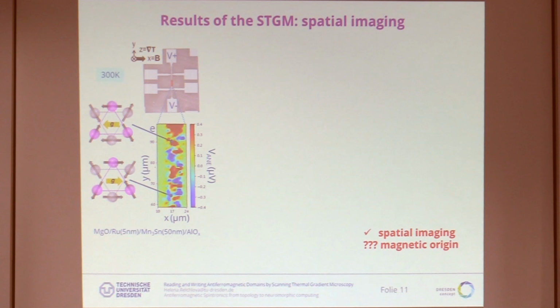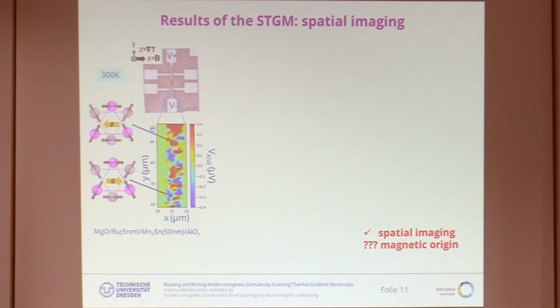And then what we are getting is indeed a colorful map with some red spots, blue spots, some spots with zero voltage, and then we hope, or we would like to see, that these really correspond to different antiferromagnetic configurations.